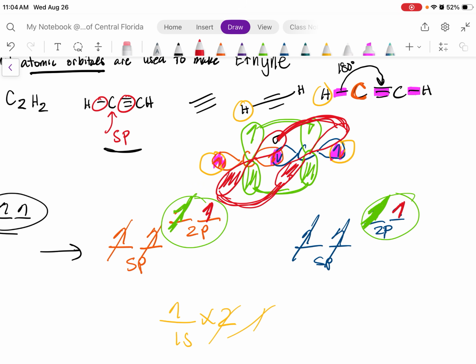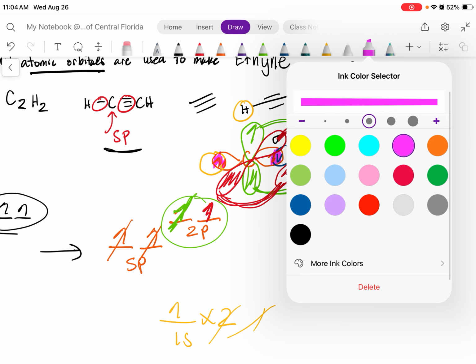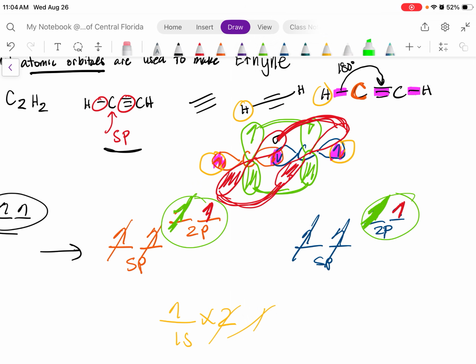Your textbook gives you a clearer representation, but I'm showing you how to draw them because that's what I want you to be able to do. So the green orbital overlap is going to be our pi.